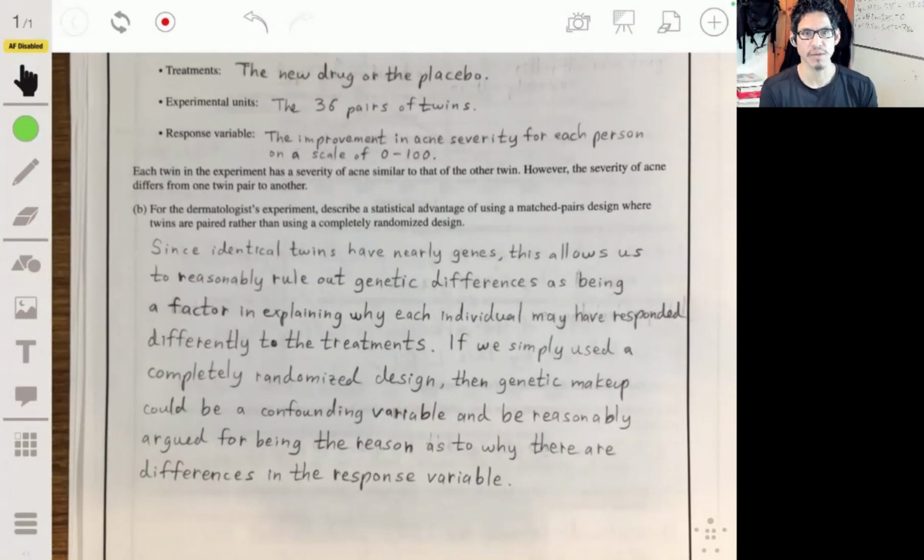Because again, if you're going to give one twin the treatment, the new drug, and one twin the placebo, then we can actually tell within each pair of twins, hey, there was an improvement, or hey, there was no improvement in either case. We can actually rule out genetics being a factor.